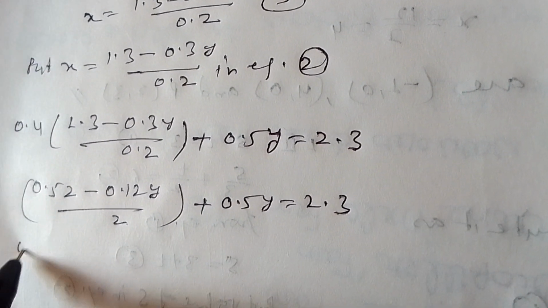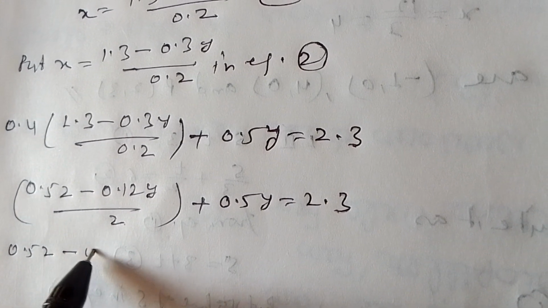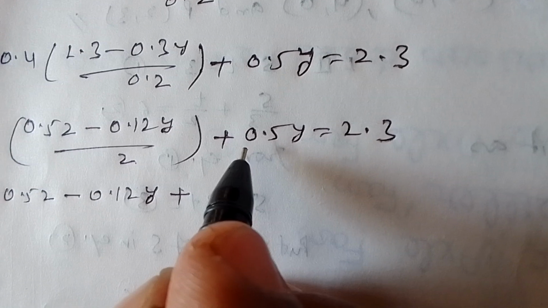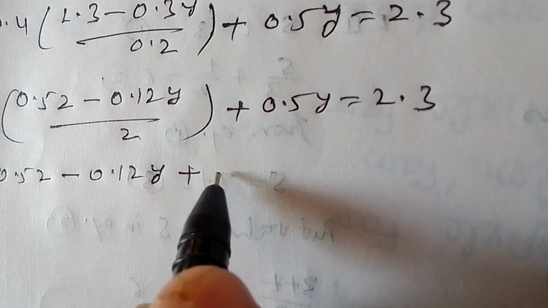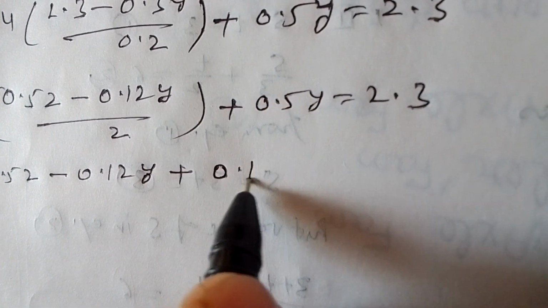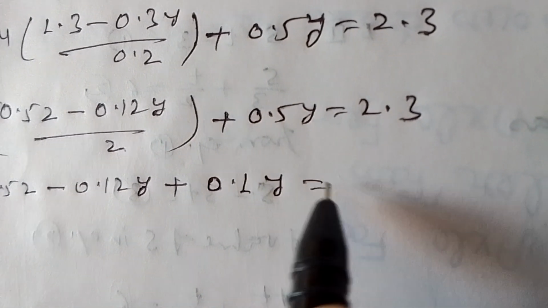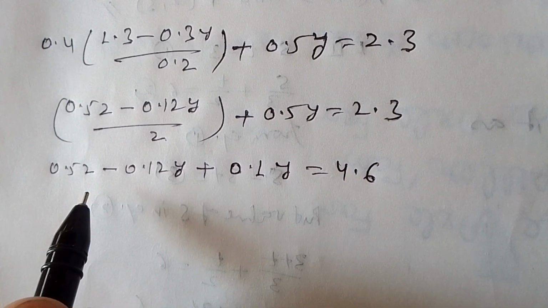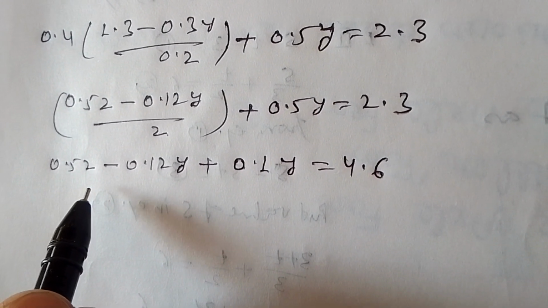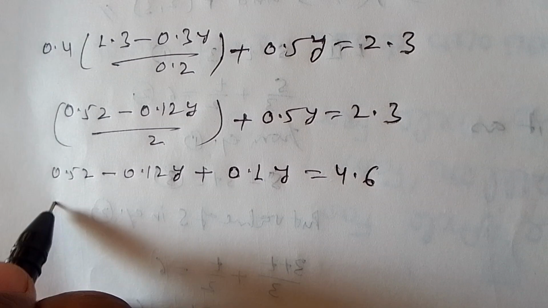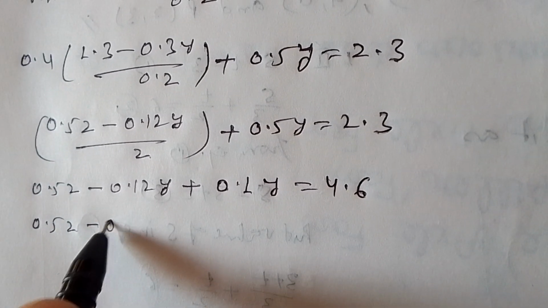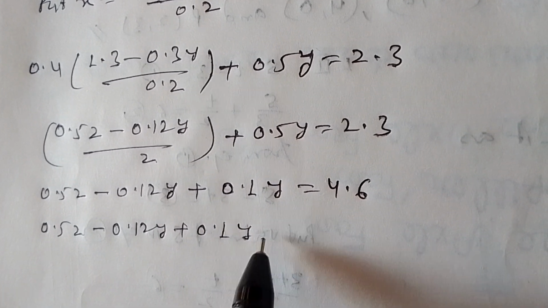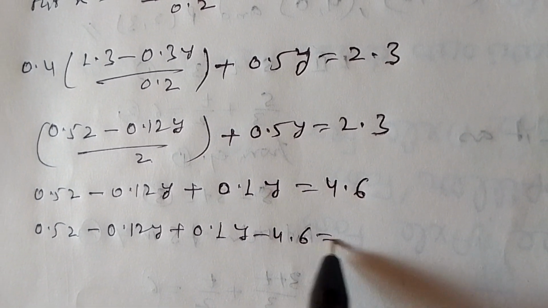Here again, 0.52 minus 0.12y plus 0.5y multiplied by 2 becomes 0.1y is equal to 2 multiplied by 2.3 becomes 4.6. So here we will carry these terms to one side: 0.52 minus 0.12y plus 0.1y minus 4.6 is equal to 0.